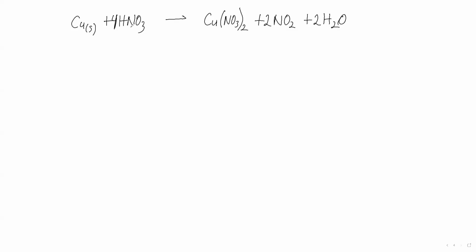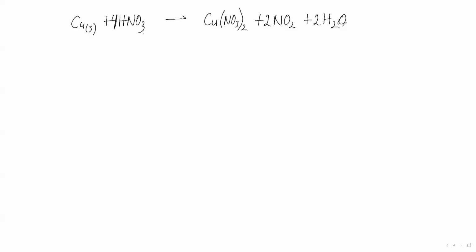There are 4 nitrogens. There are 2 times 1, so 2 nitrogens, 4 nitrogens, and there are 12 oxygens over here, 4 times 3, and there's 2 times 3, which is 6, plus 2 times 4, which is 10, and then 2 more is 12. So this is the balanced reaction.